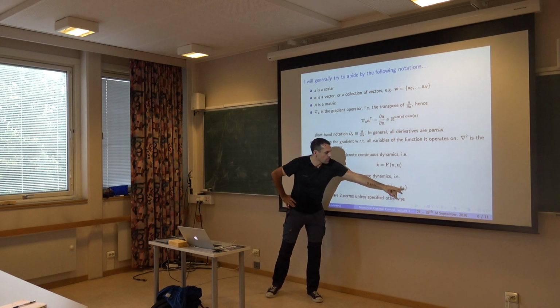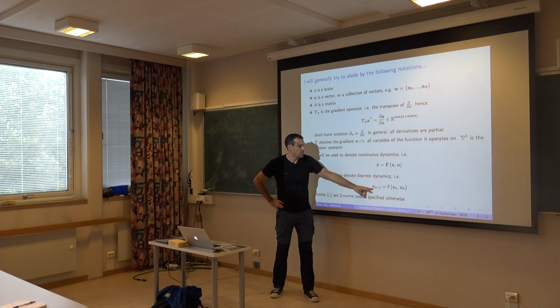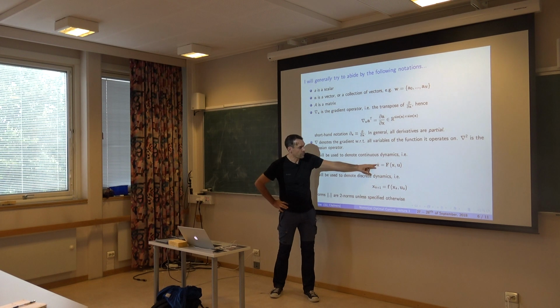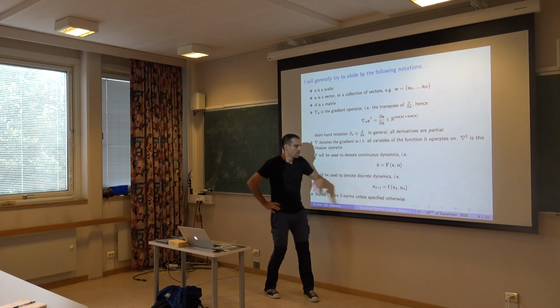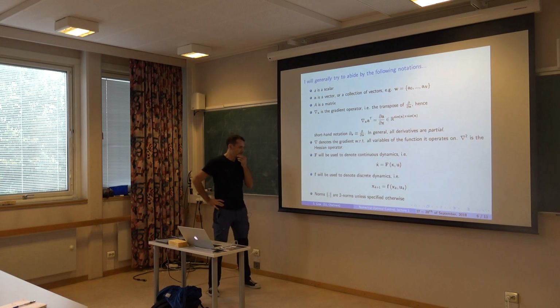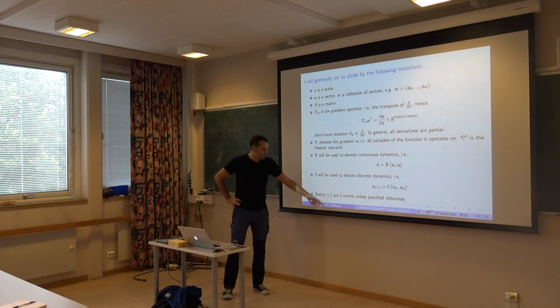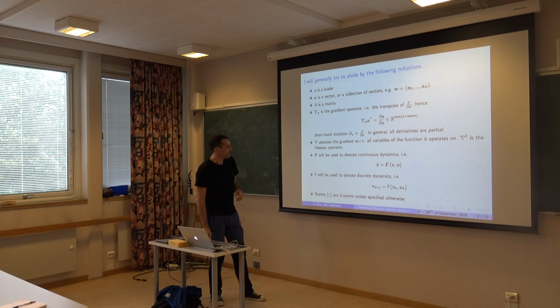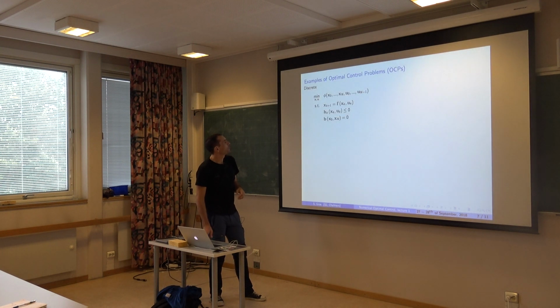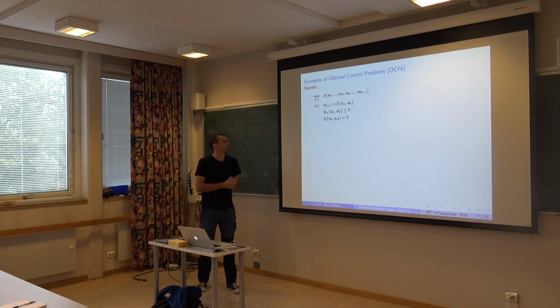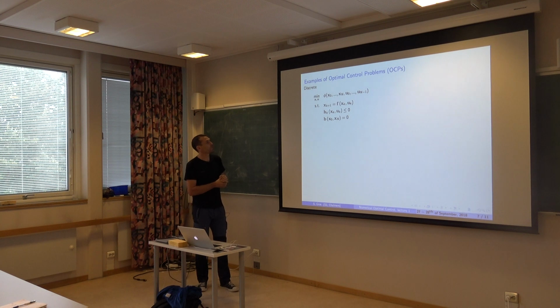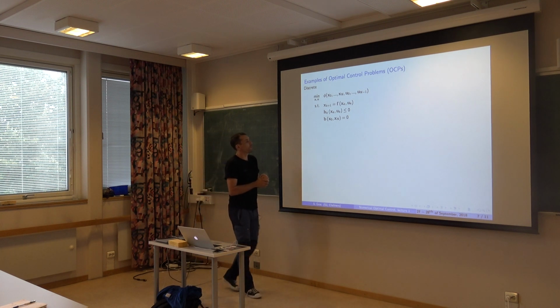And we'll talk also a lot about discrete dynamics, because as you'll see, essentially the trick we play in optimal control in the numerics is to move from ODEs to discretized dynamics and solve that. And these will be two norms, as I've used already actually. Okay, some examples of OCPs, optimal control problems. You may have discrete problems.